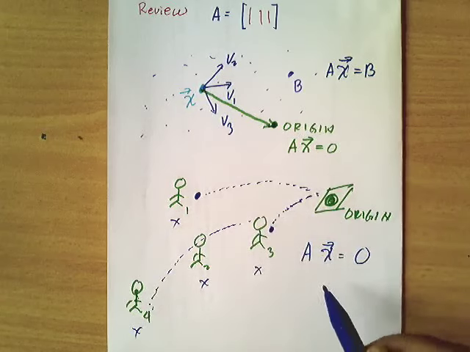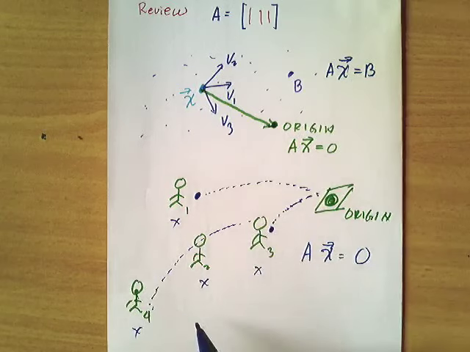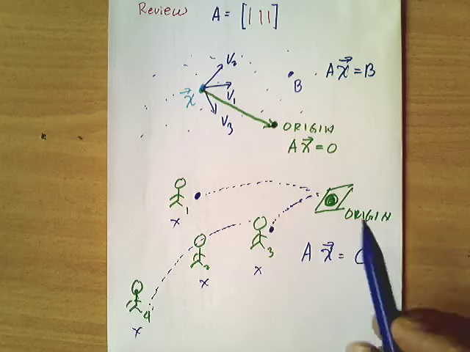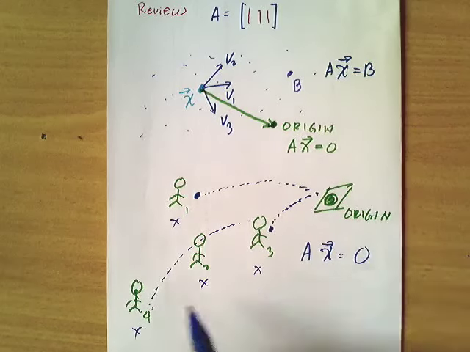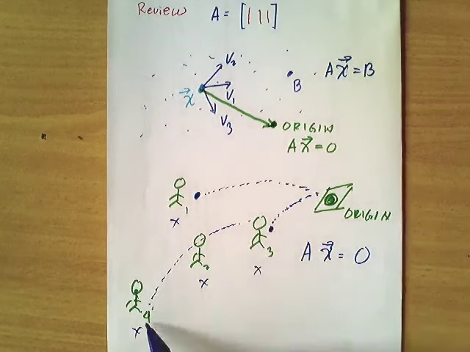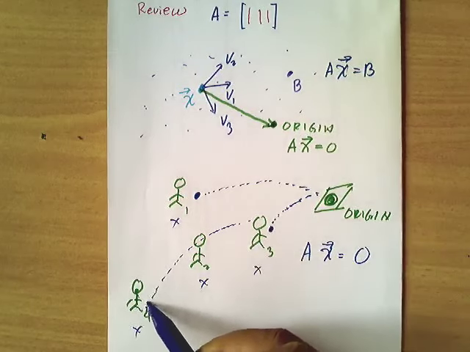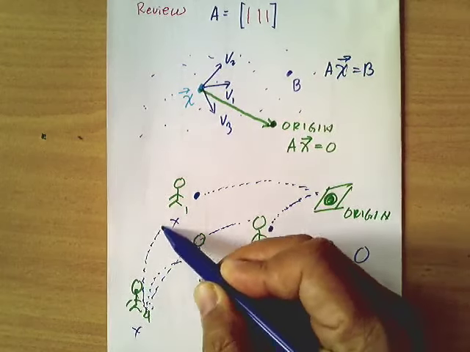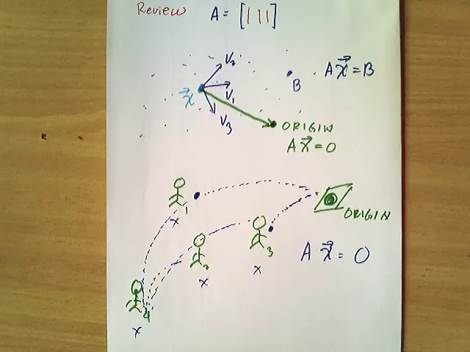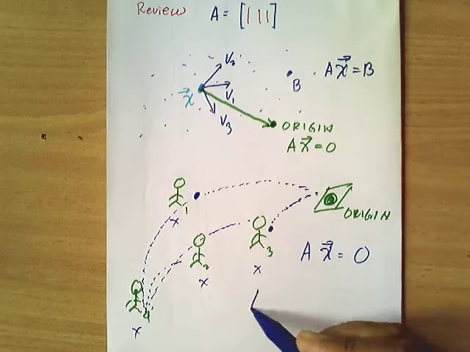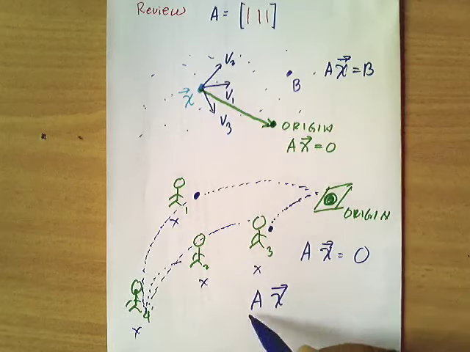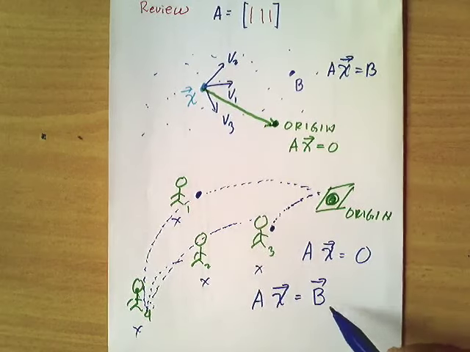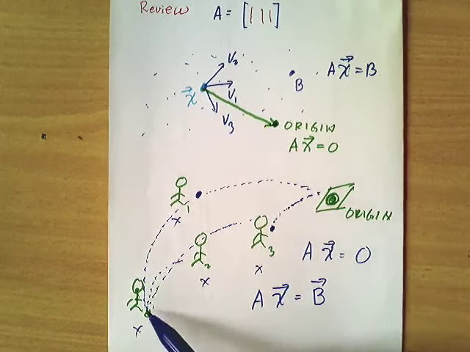The null space is the set of all these players who can shoot the ball into the origin. But this is something good, because player 4 can actually pass the ball to player 2, and can pass the ball to player 1. So it could be like matrix A that also transforms this player to another position b.